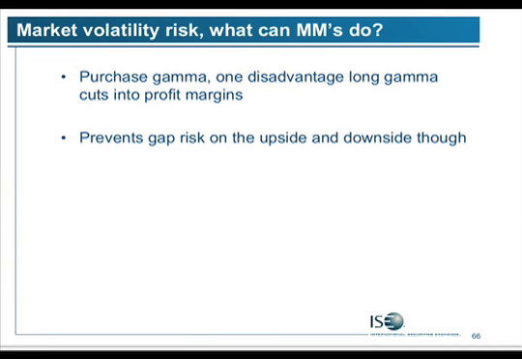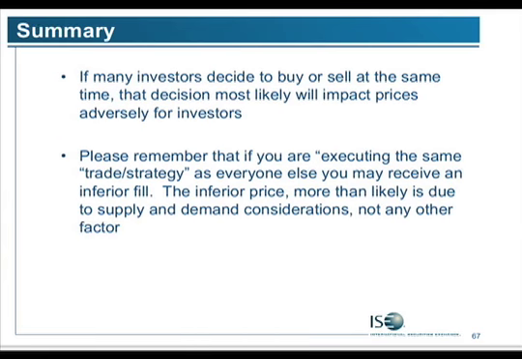So to summarize what I just spent the last 50 minutes on or so, if many investors decide to buy or sell at the same time a certain exchange rate value, a currency pair value, that decision most likely will impact prices adversely for investors. And what I'm saying is, if you're looking at taking somebody's recommendations, that's fine.